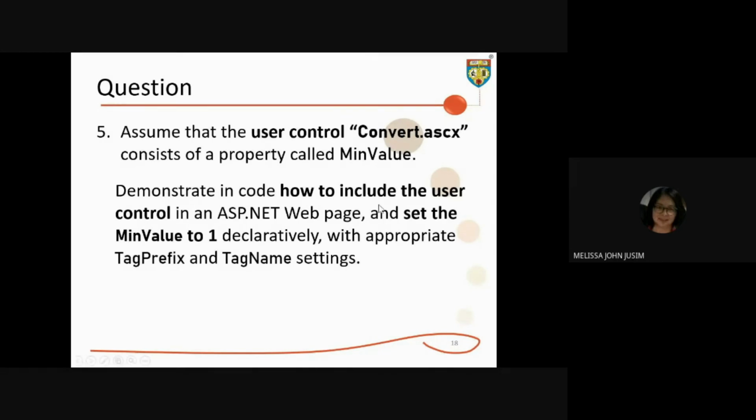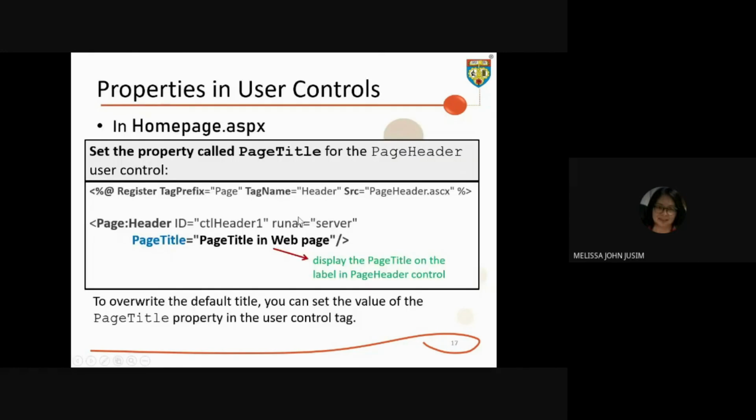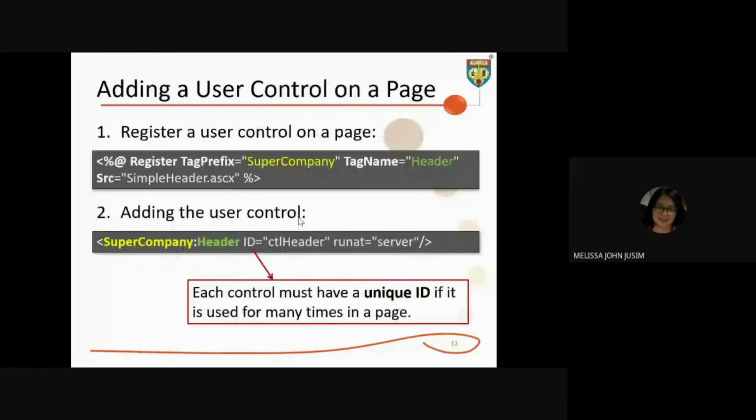Here you can use any appropriate naming for your tag prefix and tag name settings. I will let you all do this as homework as well, but let me give you a clue. If you want to include the user control in your ASP.NET web page, what is the first thing that you need to do? Register. Make sure you register the user control first.